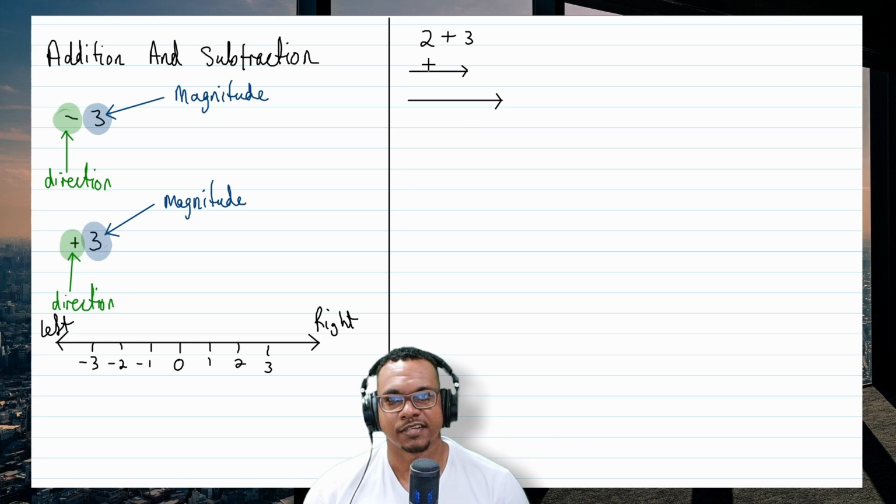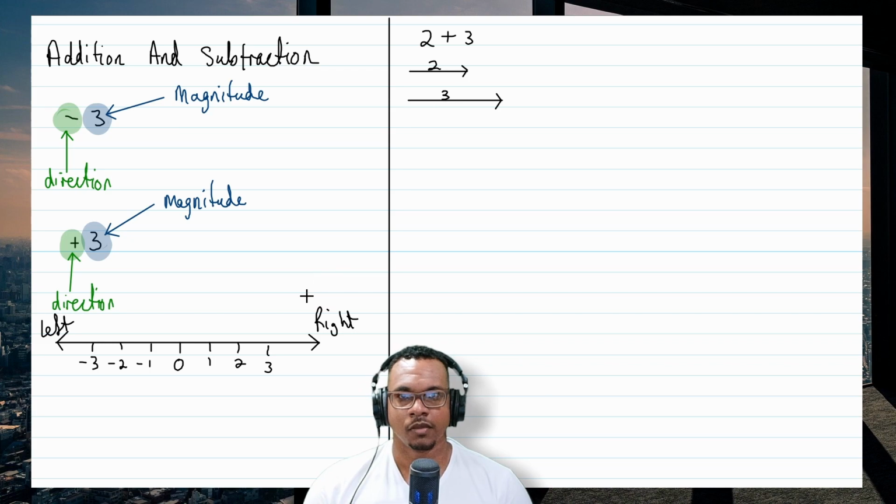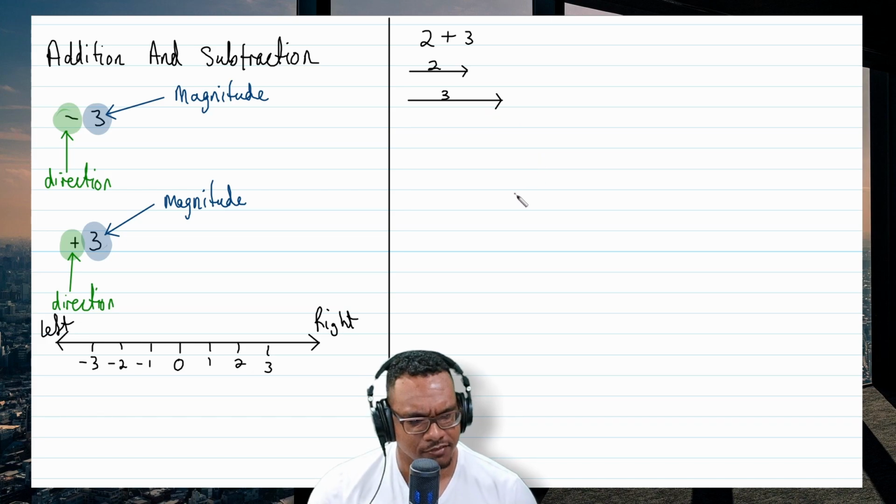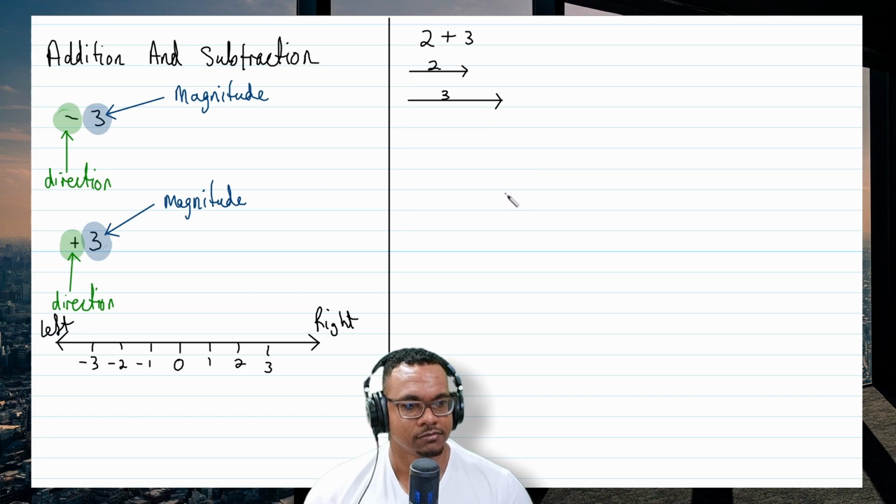Now I'll put this as 2 and this as 3. If these were 2 forces, like somebody pushing in this direction, and you have these 2 forces in the same direction, you'll get a greater force, a bit bigger. That's why I add the 2 and the 3, and I get 5.